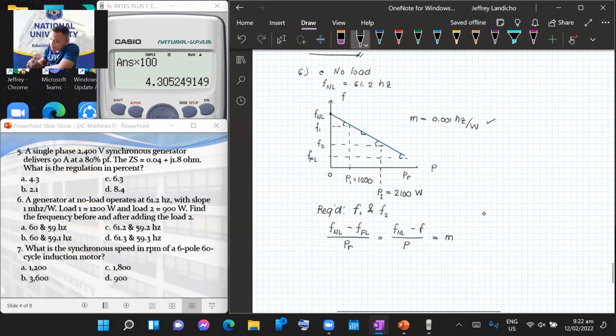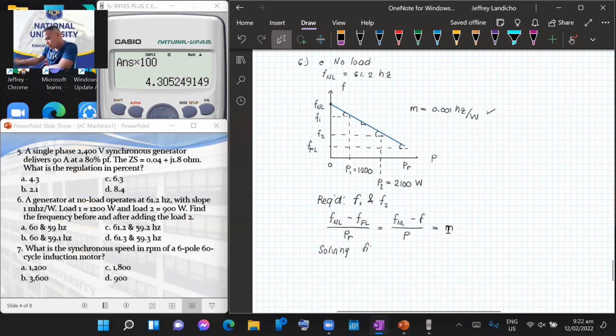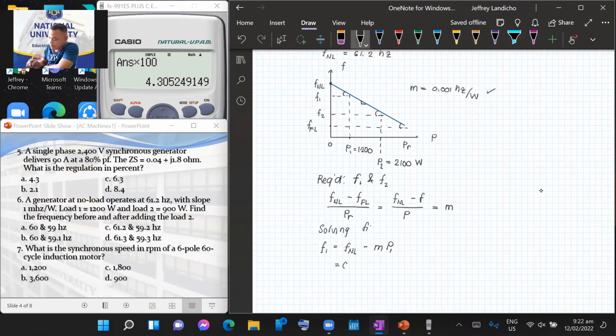Solving for F1, you just cross multiply, then transpose. F sub 1 should be equal to the no load frequency minus the slope multiplied by the corresponding power, which is P sub 1. So the frequency is 61.2 minus 0.001 multiplied by 1,200.